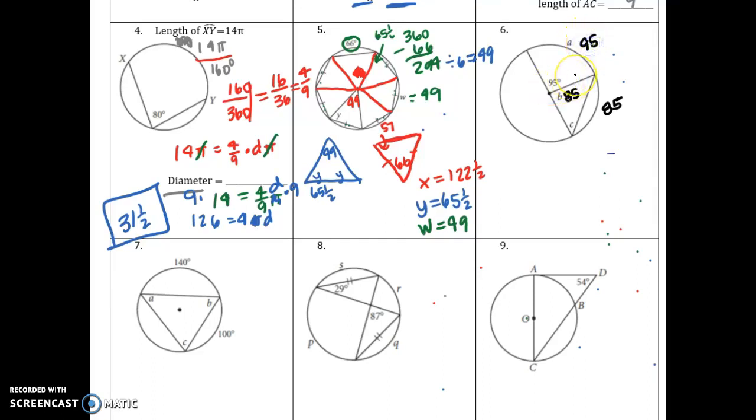Or I could have realized that that was a central angle. And then C, there's a couple different ways you can figure out C. This is an isosceles triangle again, so you could figure out C that way. Or if you realize that C is the inscribed angle of 95, you could just take 95 and divide it by 2. Either way, you get the same answer of 47.5.